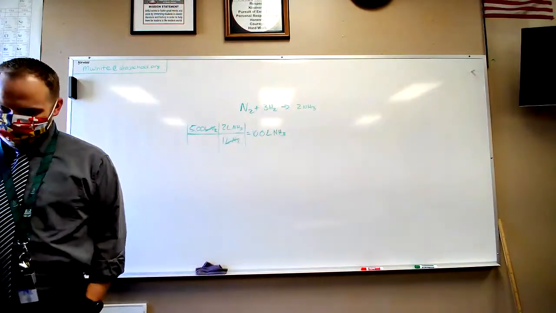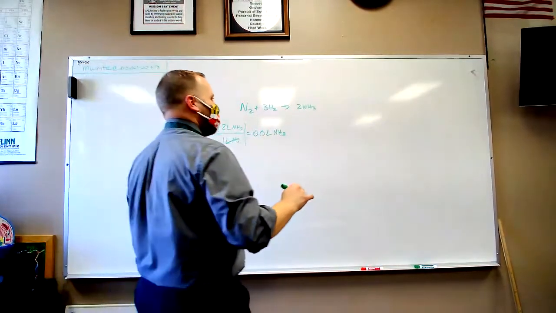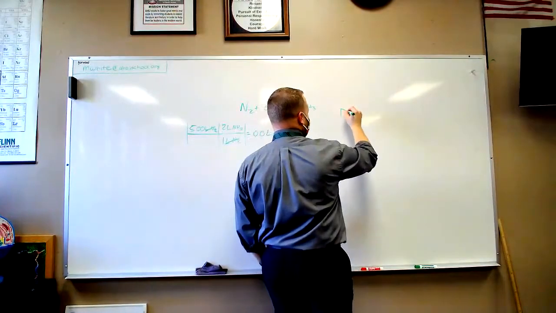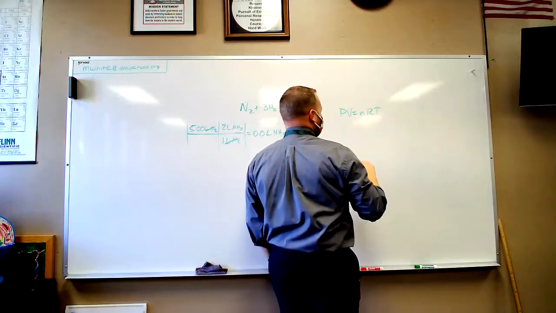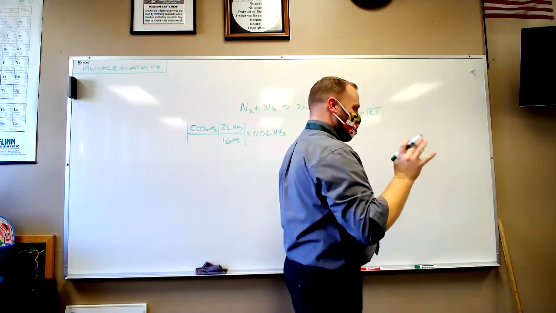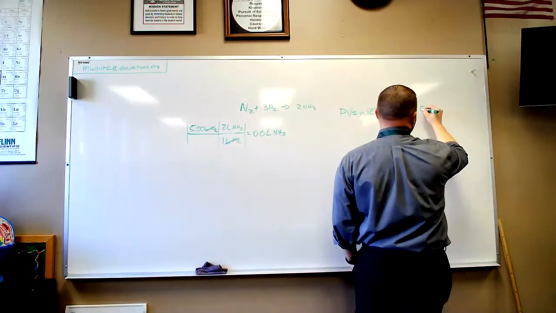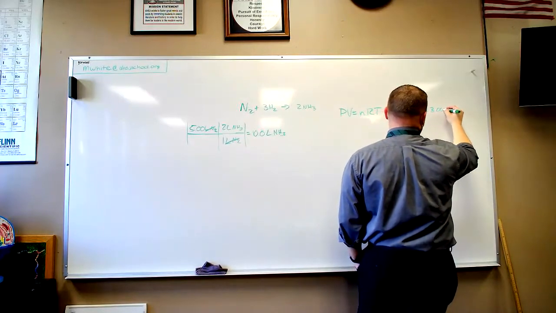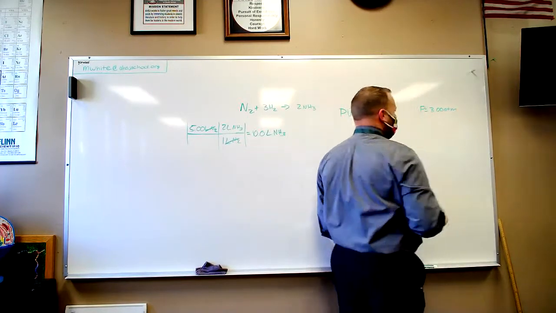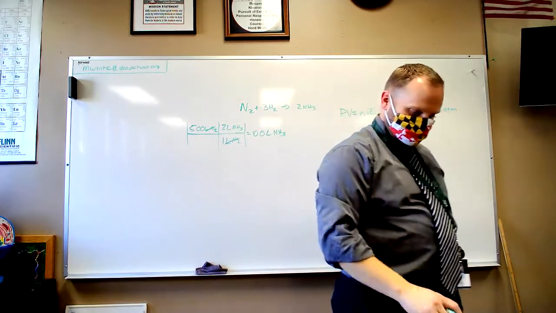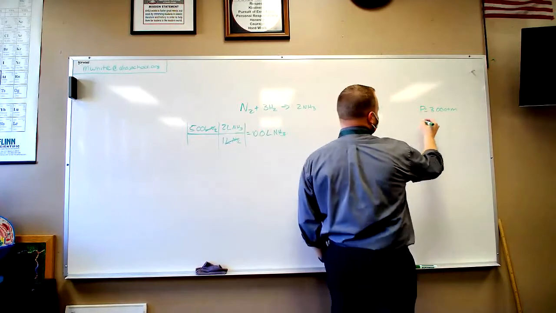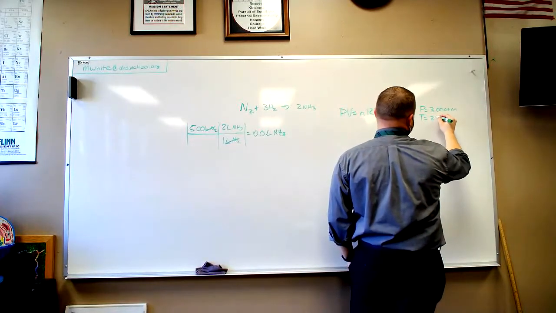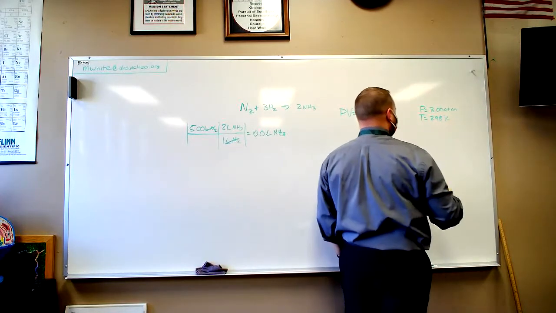Now at this point, they pull out the ideal gas law. Okay. Now, in the problem, it tells us our pressure is 3 atmospheres. It also tells us our temperature, 298 Kelvin.